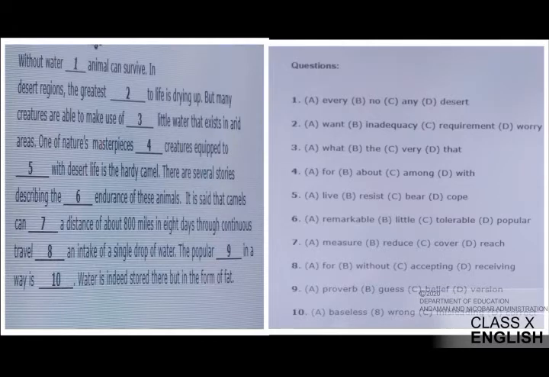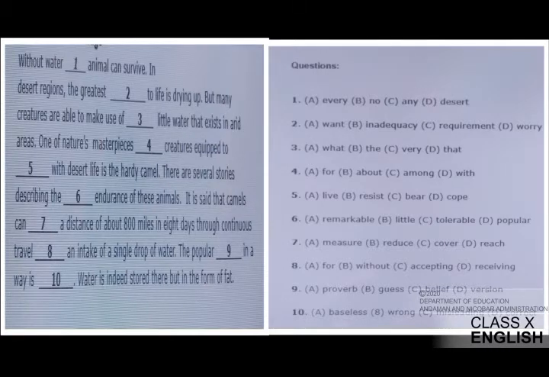There are several stories describing the, let us look at the blank: remarkable, little, tolerable, popular. So, here we are talking about the camel which has got extraordinary qualities. So, we have to use the option remarkable, endurance of these animals.